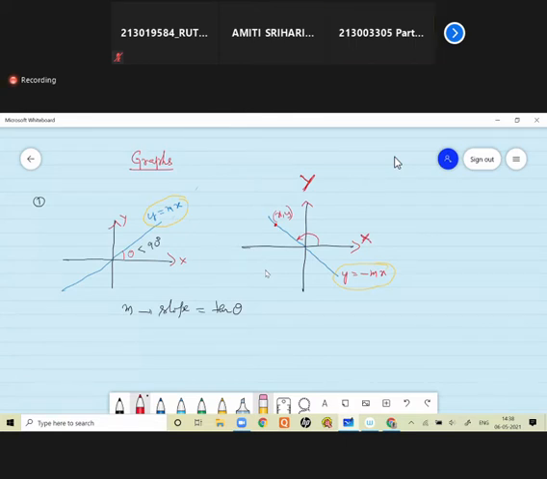M is slope, tan theta. How to find the slope, sir? If theta is given as 30 degrees, what will the slope be? Tan theta, or y2 minus y1 by x2 minus x1.